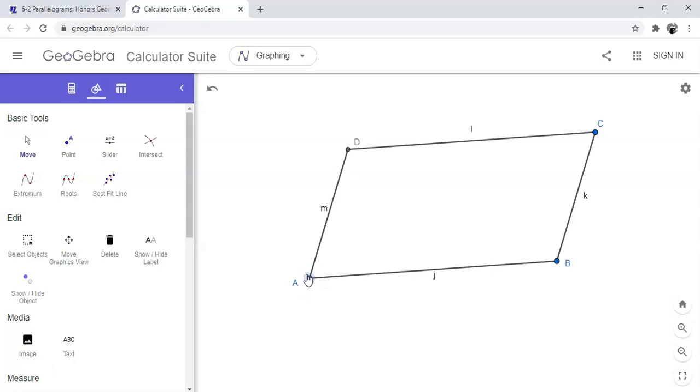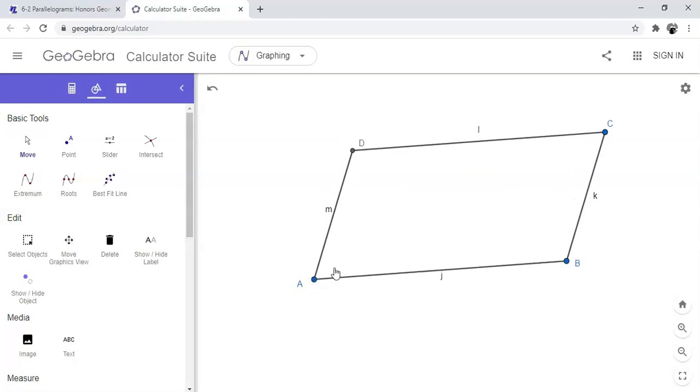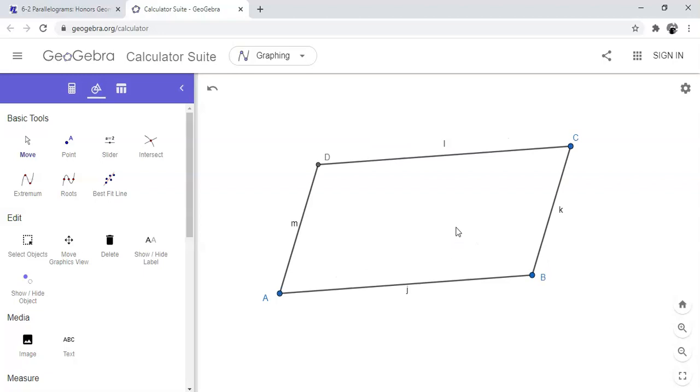So what we have here is a four-sided figure, and the main property that we set with it was that we made opposite sides, the sides across from each other, like M and K, or I and J, parallel.